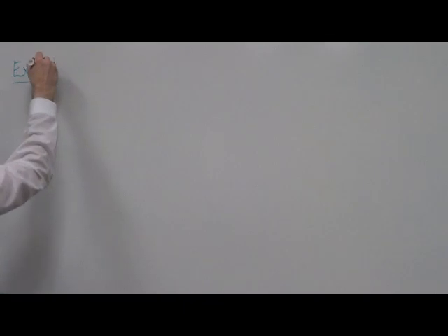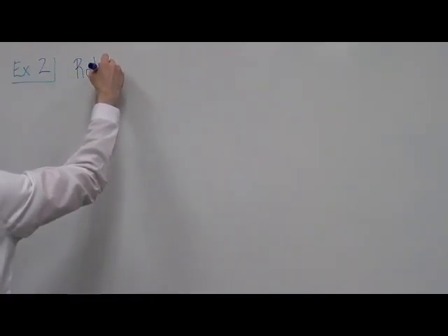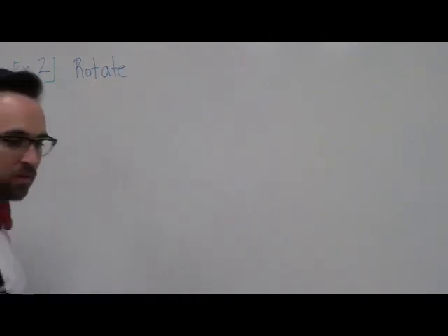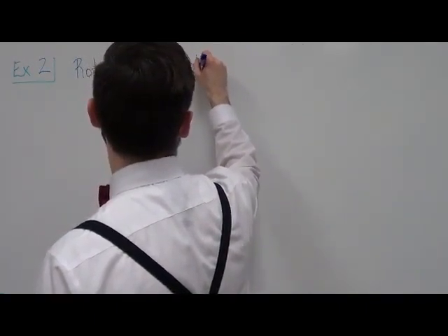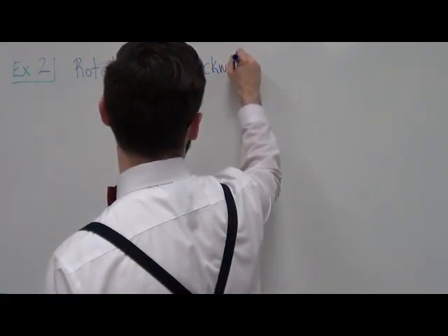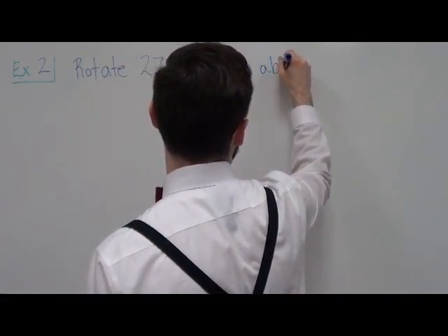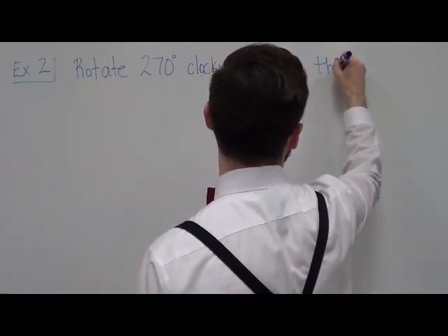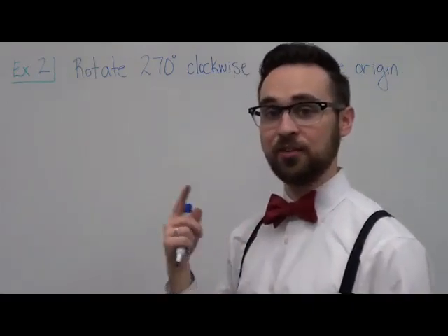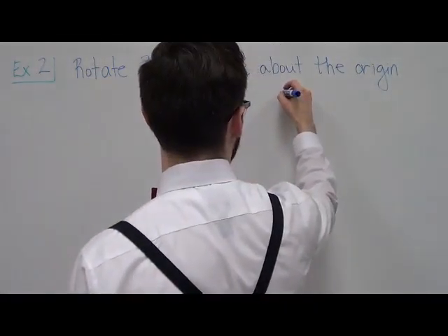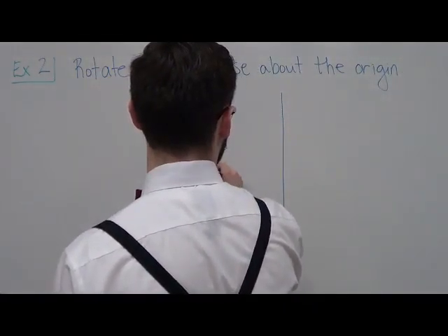They want us to rotate, let me see, I believe it's, yeah, clockwise, 270 degrees clockwise about, which means around, the origin. So this time we're doing it around the center of the graph. So again, we're going to go ahead and sketch a graph out.